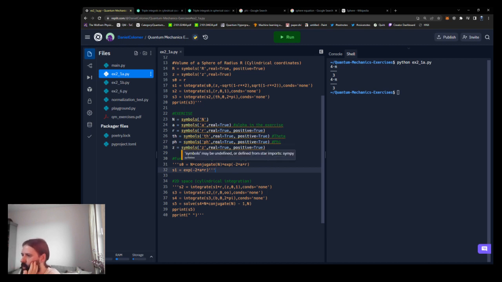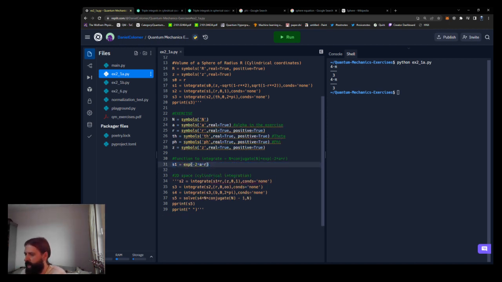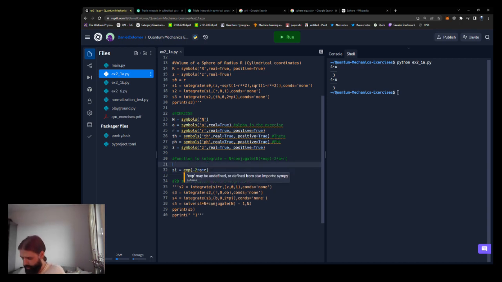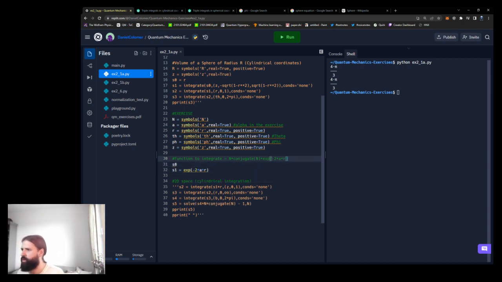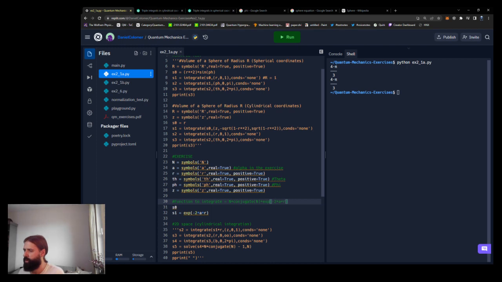So we have the function to integrate, and then we're putting the n at the end, and we're defining S0, and we're using the cylindrical coordinates method.